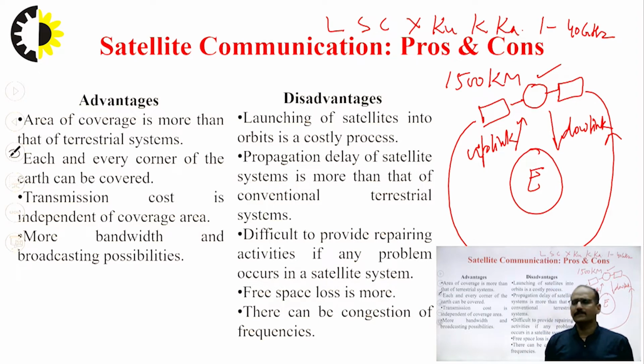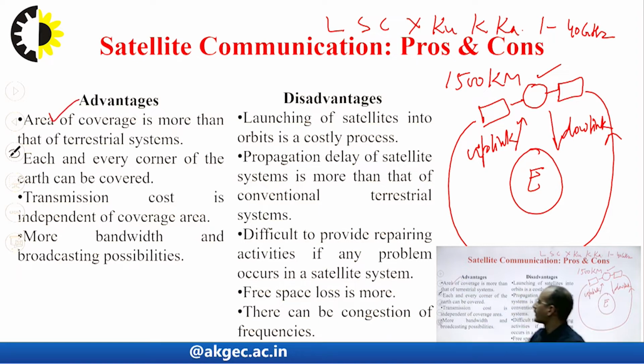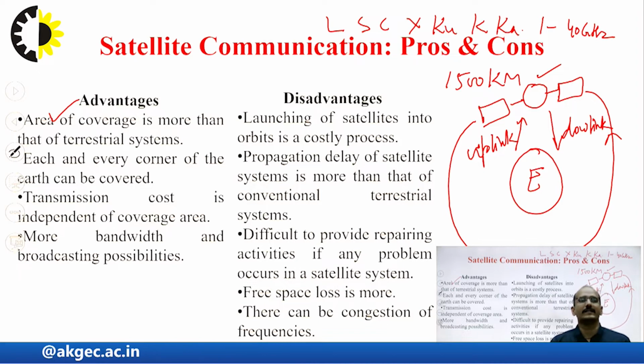As per this frequency allocation, the various types of satellite services and types of satellite, and their launching procedure, we have some advantages of satellite communication. The first one is the area of coverage. The area of coverage is more than that of the terrestrial system.